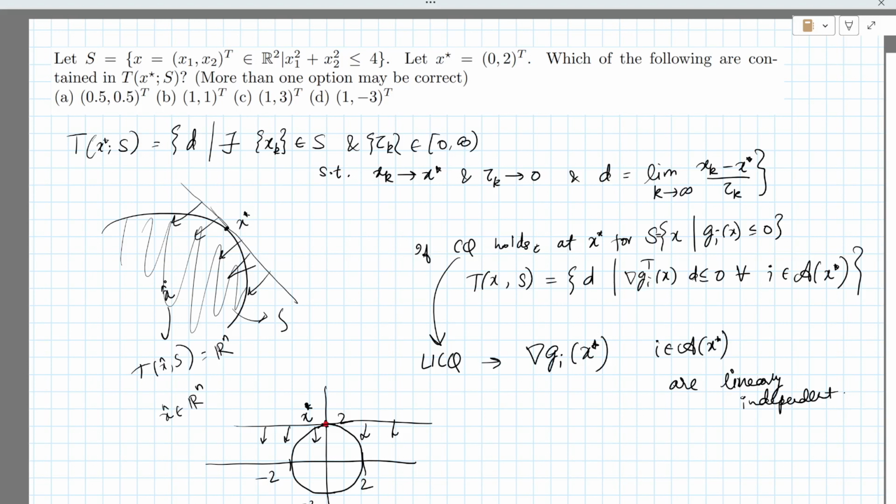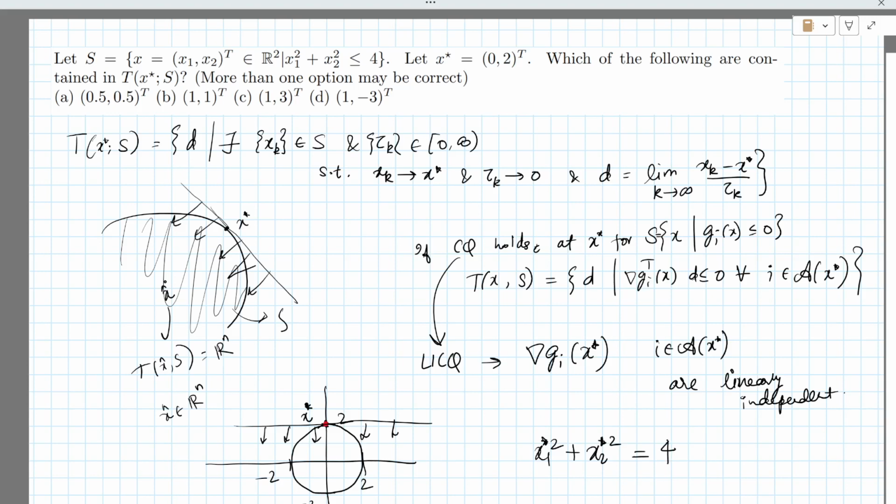You can say it holds. There is only one active constraint, which is x1 star squared plus x2 star squared equal to 4.